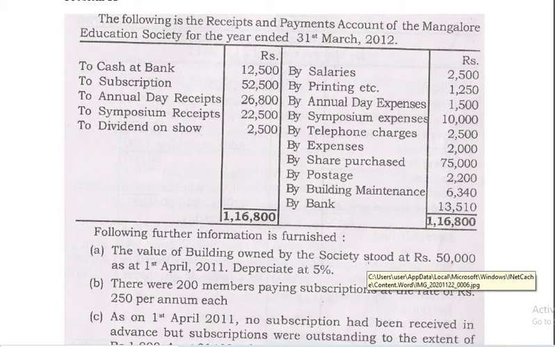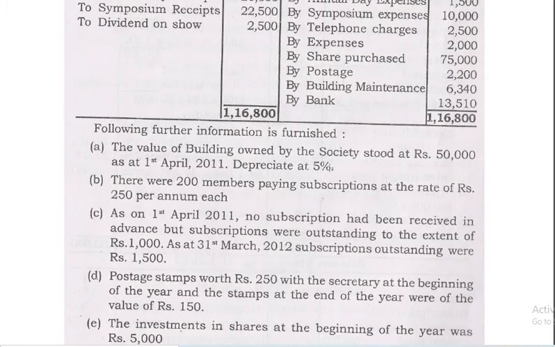For the year 11-12, you have to charge depreciation at the rate of 5% on 50,000. That comes to 2,500. That will be debited to the income and expenditure account, and in the balance sheet, building minus depreciation, the balancing figure, you have to show in the outer column of the asset side.